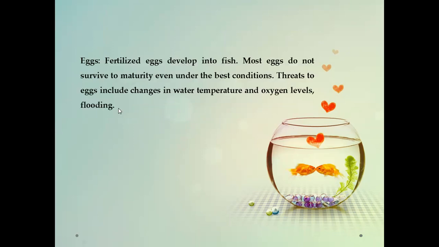Now, step by step, we will study these steps in a little detail. Egg: the fertilized egg develops into a fish. Most eggs do not survive to maturity, even under the best conditions. Threats to eggs include changes in water temperature, oxygen level, and flooding.